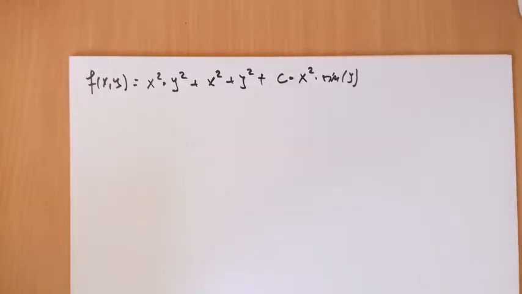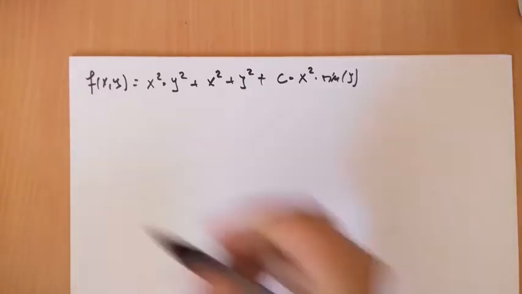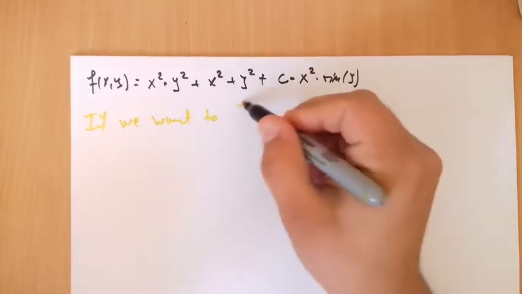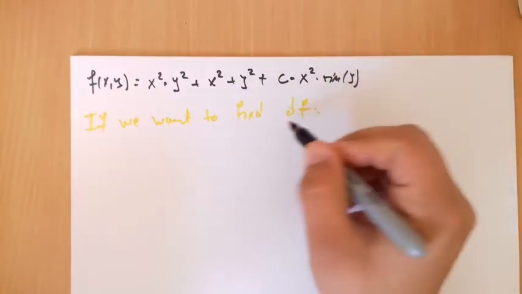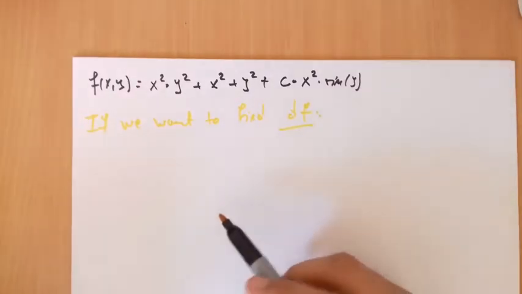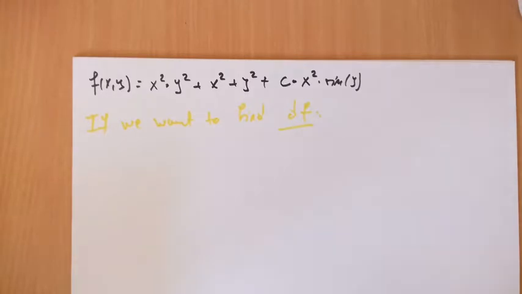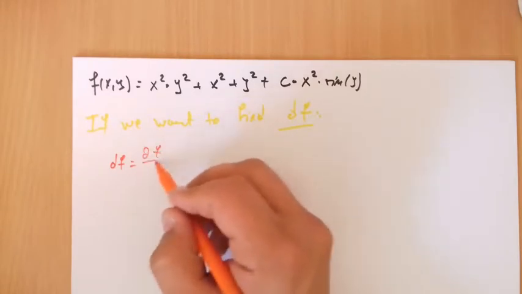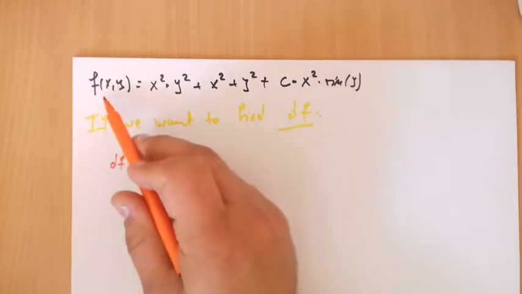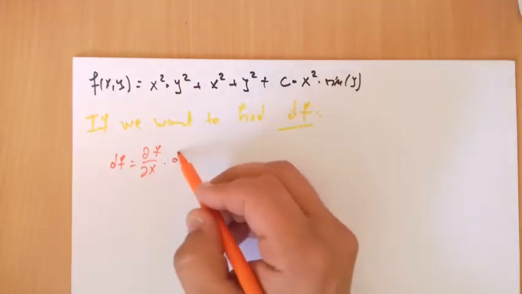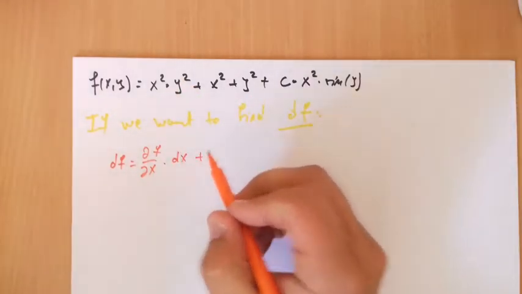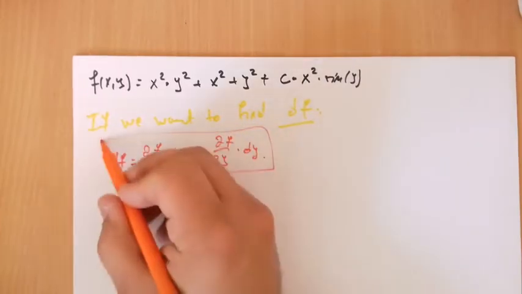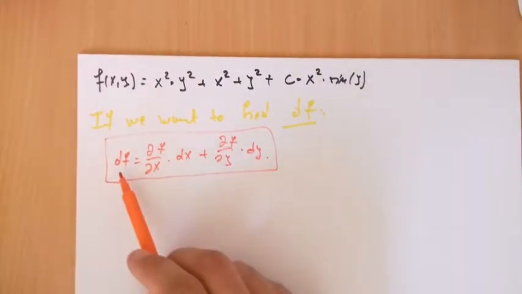If we want to find df, the exact derivative, we have df equal to partial of f partial of x, differentiating with respect to x, times dx, plus partial of f partial of y times dy. This is the exact derivative df of this function.